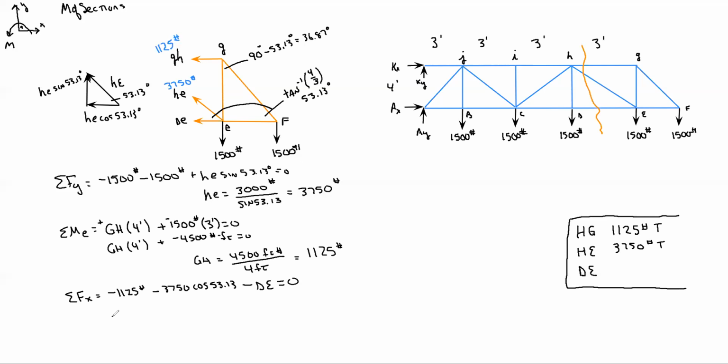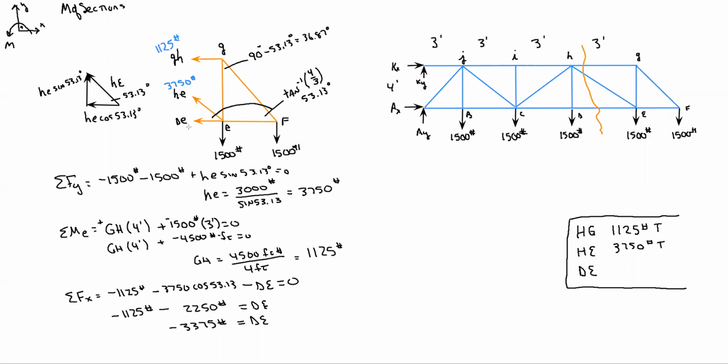So this is negative 1,125 pounds minus 2,250 pounds. I'm going to add D to both sides. Negative 3,375 pounds is equal to DE. The negative is an indication that I have the force shown in the wrong direction.